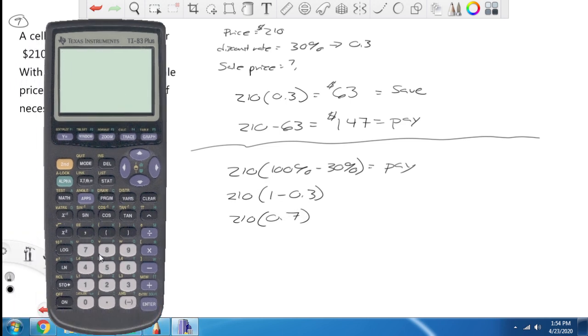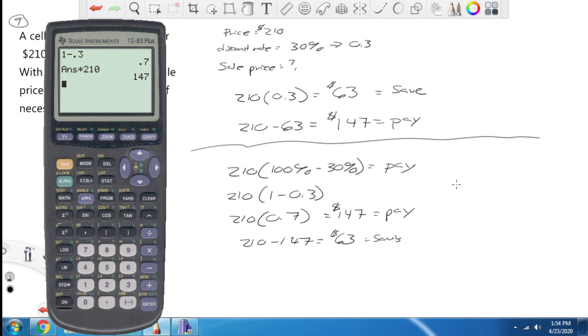I mean, 1 minus 0.3 gives you the 0.7. That's where that's coming from. And then you multiply that by 210, and that gives you your 147 that you pay for it. Right? And if you wanted the savings, you've got to go 210 minus 147, and that equals 63 for your savings.